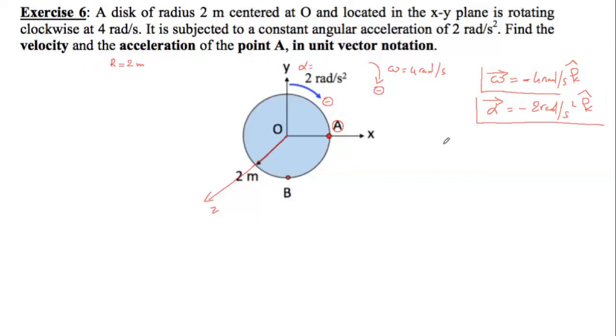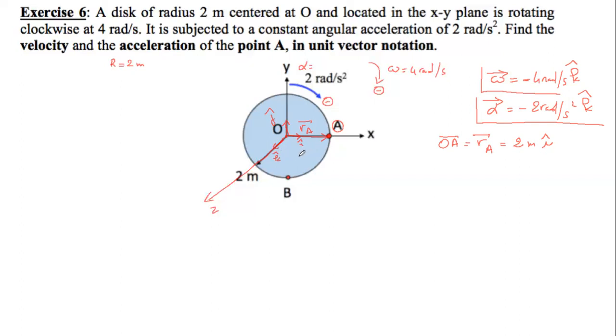First, I have to say that the OA vector is what I will call RA. So this is vector OA or RA, and it's 2 meters, because that's the radius, in the direction of i hat. You can see it's along the direction of i hat. So here you will have i hat, here you will have j hat, and here you will have k hat, the unit vector along Z.